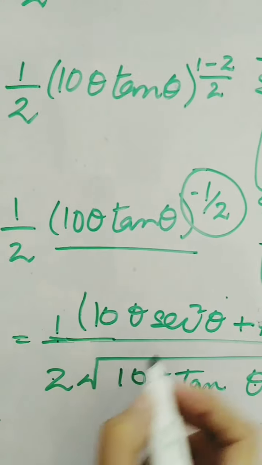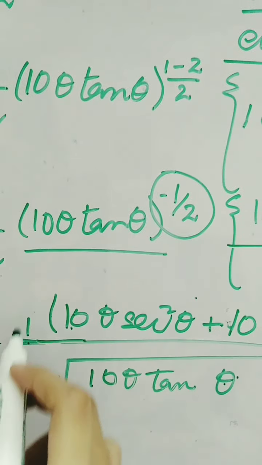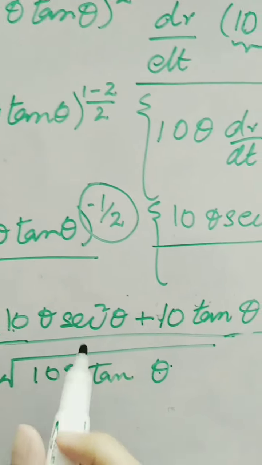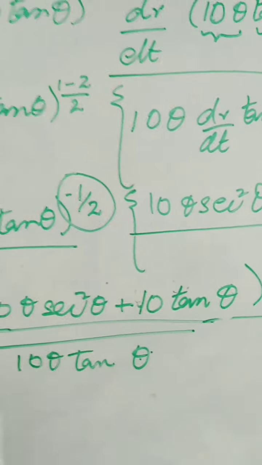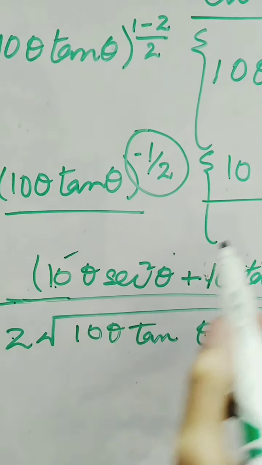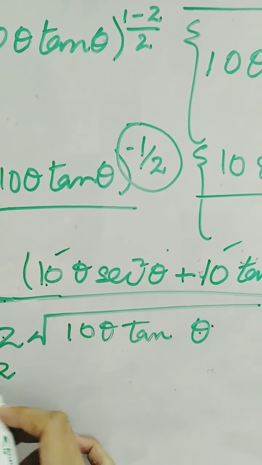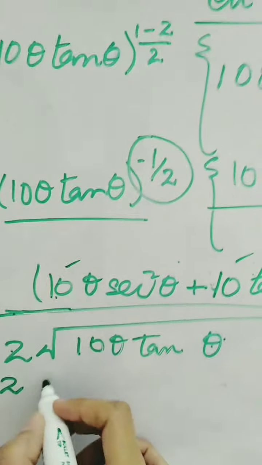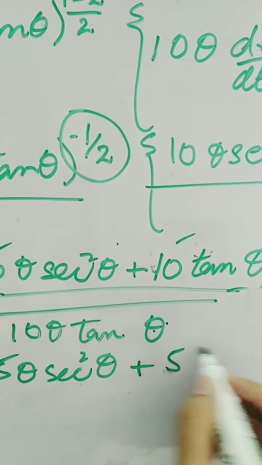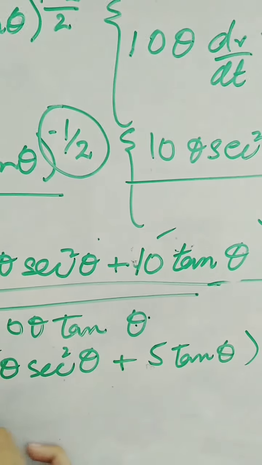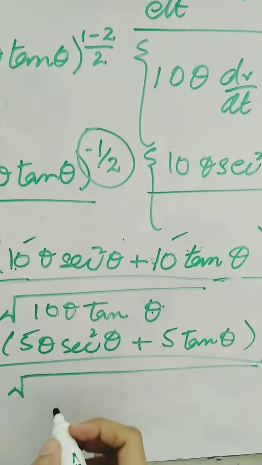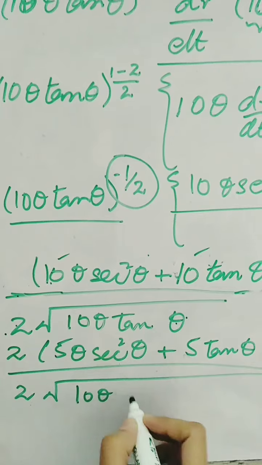So we have theta sec squared theta plus tan theta over 2 root of theta tan theta. Now we take theta common in order to cancel out with this one, so we have theta sec squared theta plus tan theta divided by 2 root of theta tan theta.